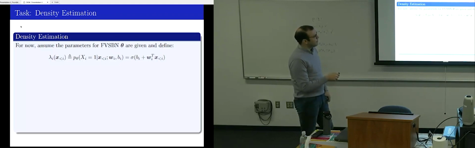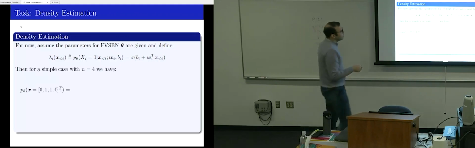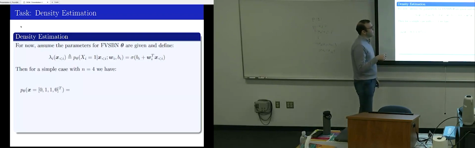You define this parameter for the Bernoulli distribution, and then, for example, assume that you are given this input. Can you assume that you have access to all of lambda i? Can you fill this distribution for me?